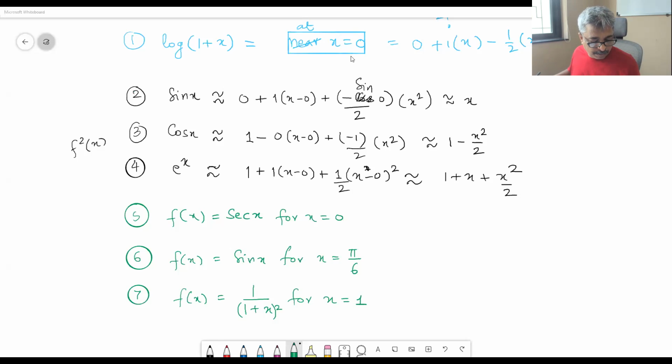Answer for the fifth problem is 1 plus x square by 2. Sec x can be quadratically approximated.